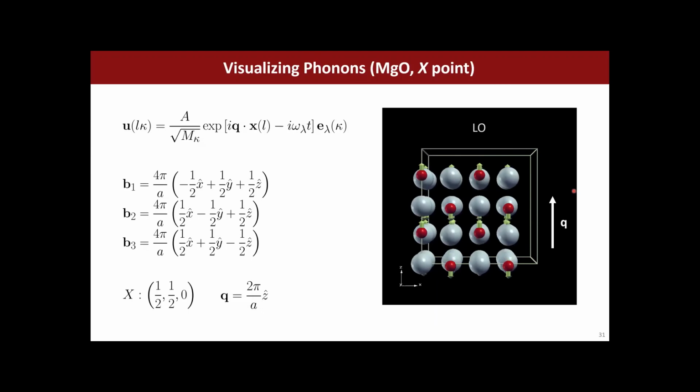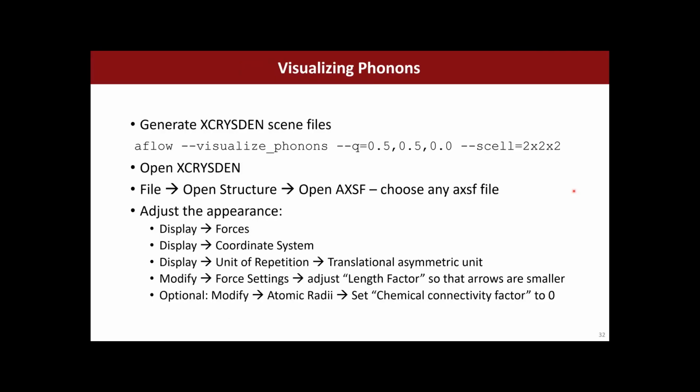I don't know how much time I have. If I have time at the end, I can demonstrate how to create these images, but I put them in the PDF. We can do these using XCrySDen, and AFLOW is able to create scene files with this format. We can visualize phonons with this.